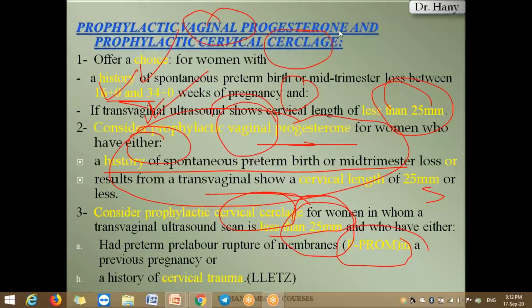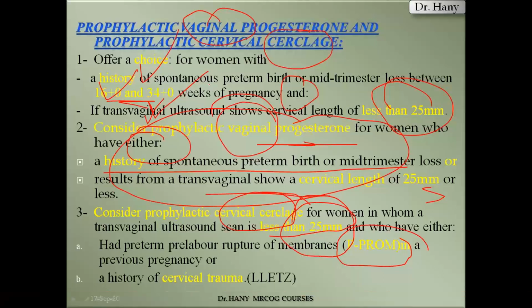So I need two criteria to think about cerclage: a transvaginal ultrasound, with a history of preterm pre-labor rupture of membranes in a previous pregnancy, or a history of cervical trauma.